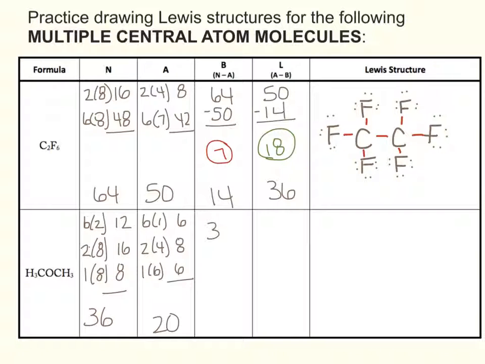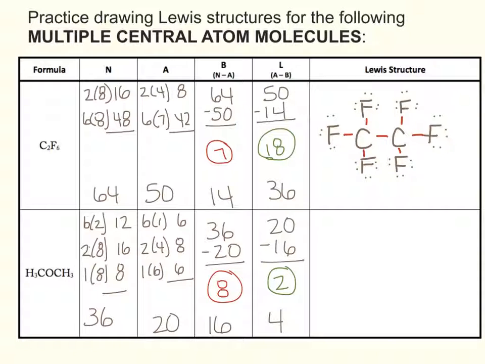Then we take 36 minus 20, and that gives us 16 bonding electrons, and that means there are 8 bonds. 20 minus 16 will give us 4 electrons involved in lone pairs, with a total of 2 lone pairs.